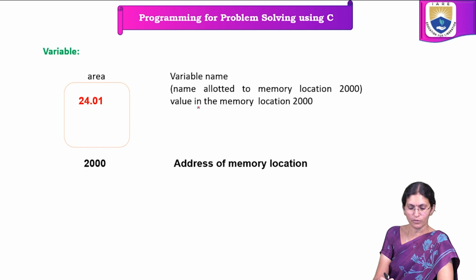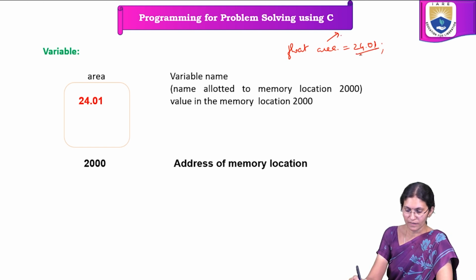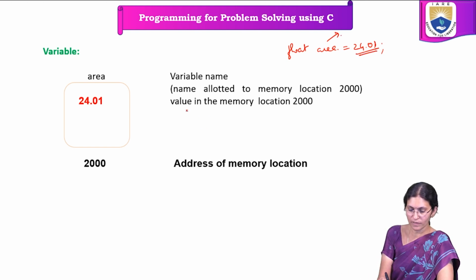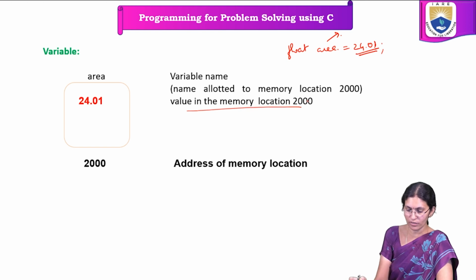One more example to illustrate a variable. Suppose we have declared a variable of type float, area, and we are assigning its value as 24.01. Here this is the variable name and this is a value stored in the memory location, and area is nothing but the name allotted to the memory location 2000.